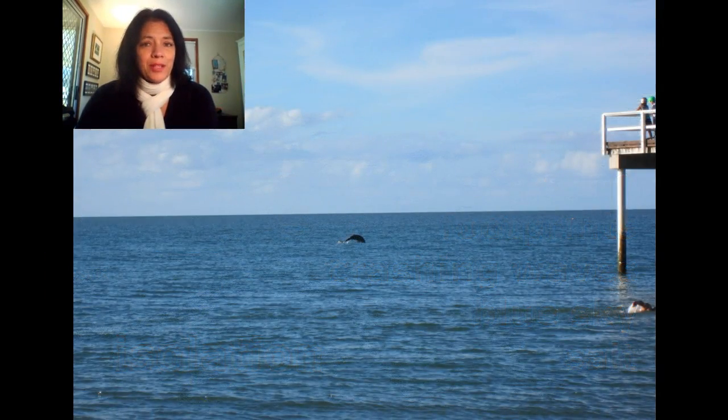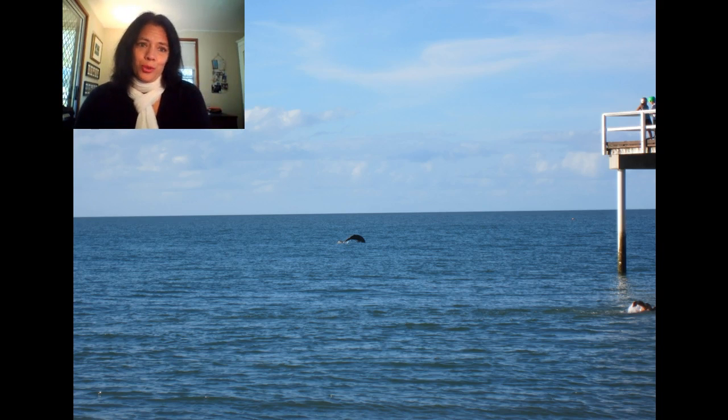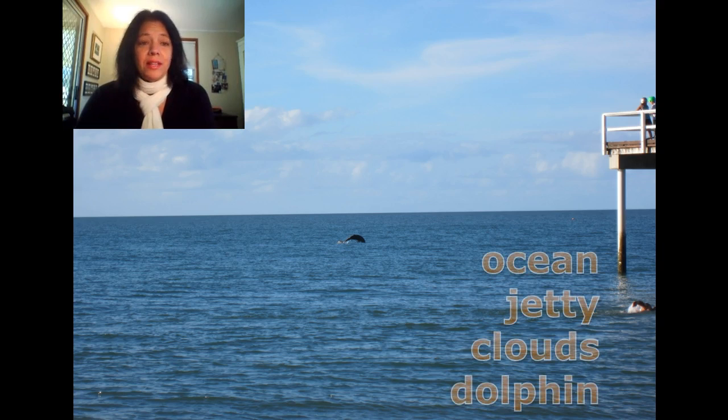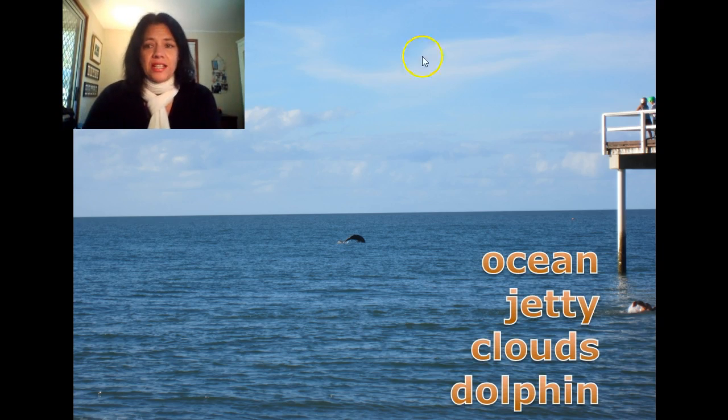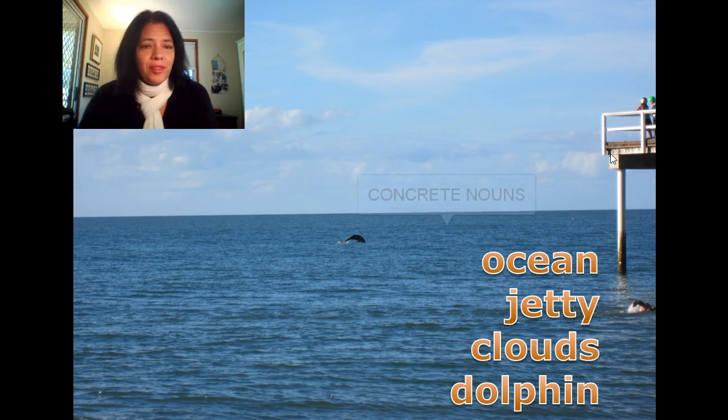I was walking along the beach one day, further north from that other picture. This is near where my parents live. And I saw two dolphins playing in the water. Again, some concrete nouns you would use for this picture are the ocean, the jetty is here, of course the clouds and the dolphin.